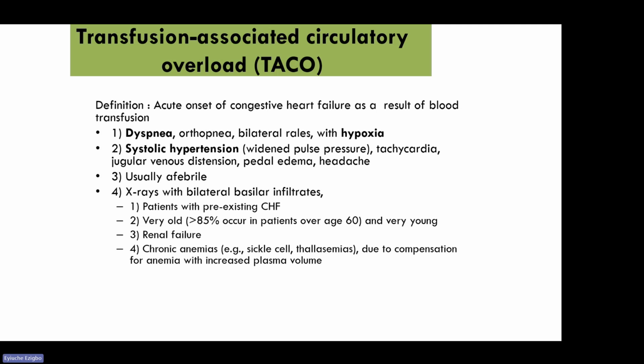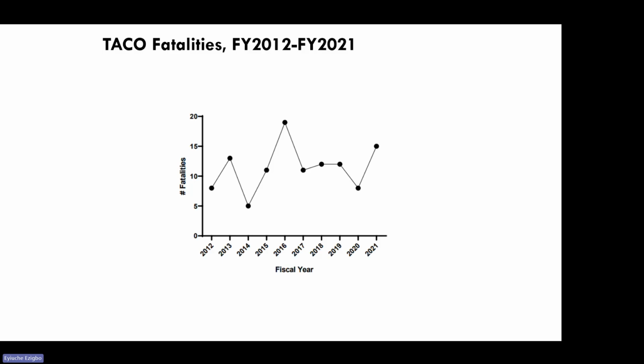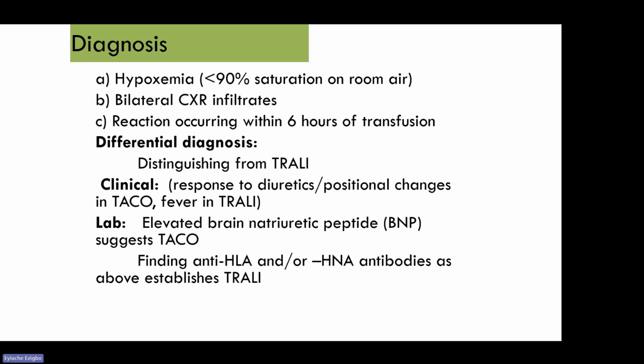Patients with renal failure, chronic anemias like sickle cell disease and thalassemia, that are being transfused, especially if they are given whole blood instead of packed cells, because of the chronic transfusion, have a tendency of being exposed to circulatory overload. So that is how you can differentiate TRALI from TACO.